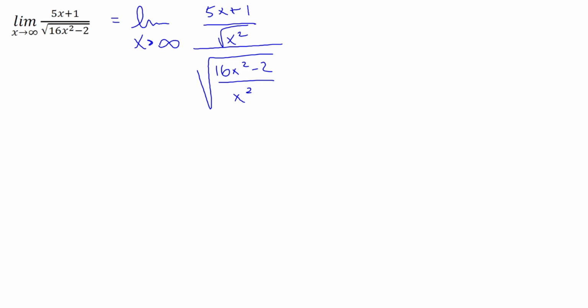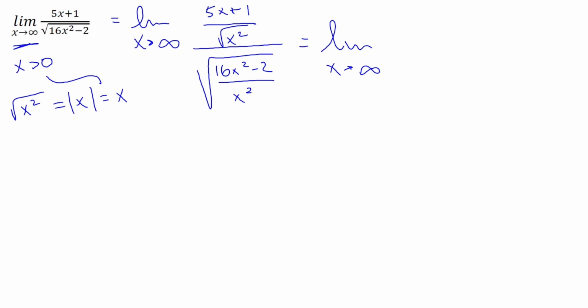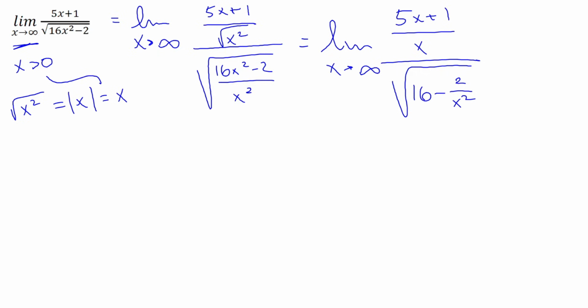And again, just like in the last couple problems, the square root of x squared is the absolute value of x, and as x goes towards infinity, x is greater than 0, so the absolute value of x equals x. So this will turn into a limit as x approaches infinity of 5x plus 1 over x, all over the square root of 16 minus 2 over x squared.